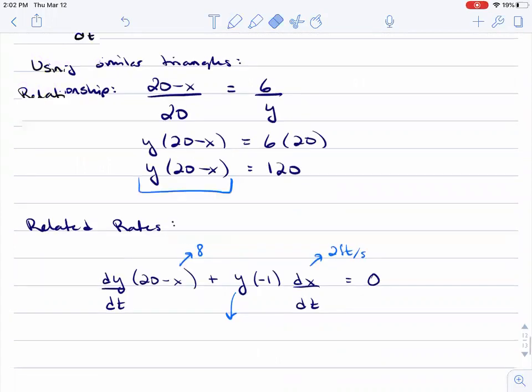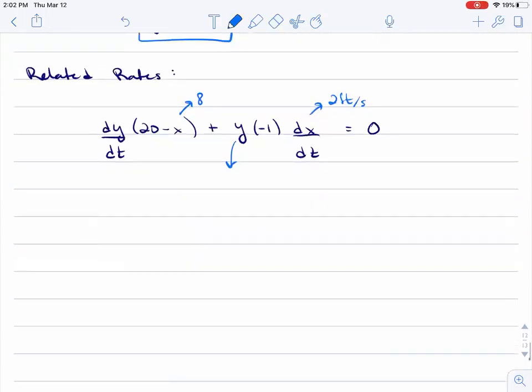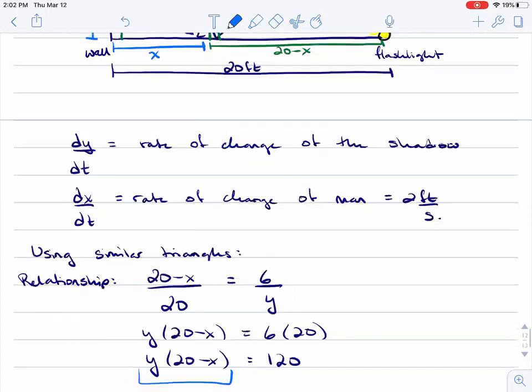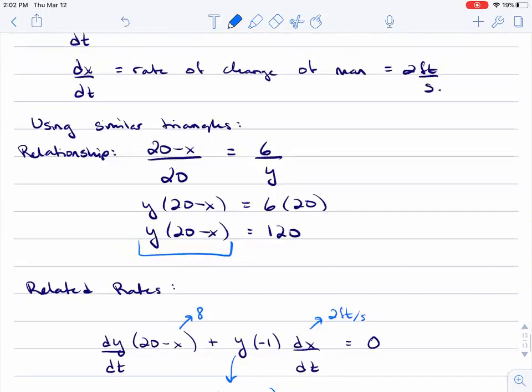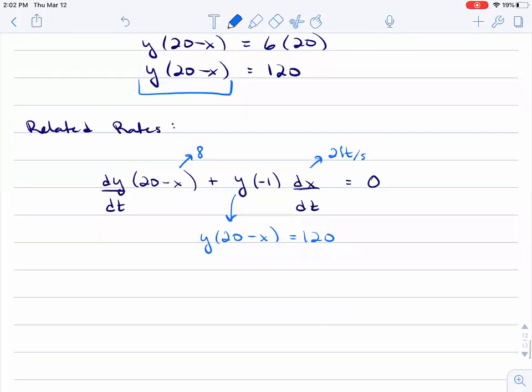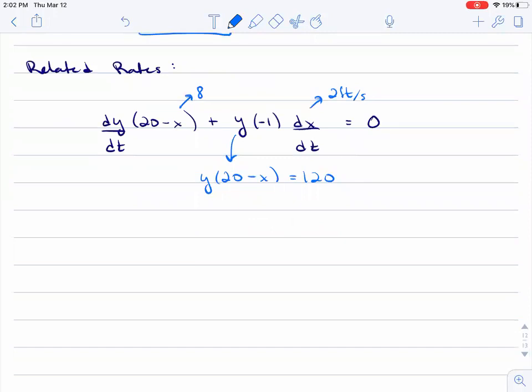So I've got y times 20 minus x is 120. It's even on the same page. So y times 20 minus x equals 120. Then if x is 8, we get y times 20 minus 8 is 120.